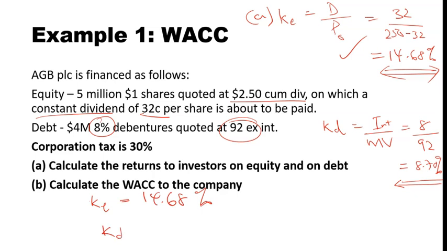But the KD is going to be tax adjusted. We had determined KD as 8.70. We multiply by 1 minus T, which is 1 minus 0.30, and we get our KD as 6.09%.